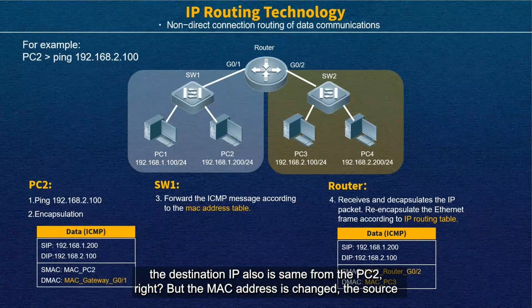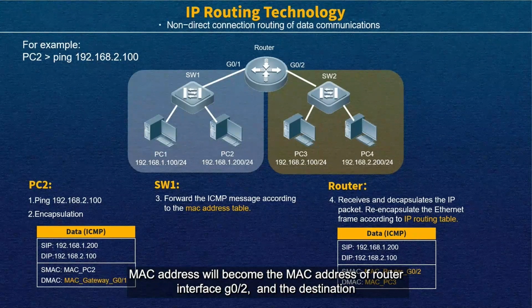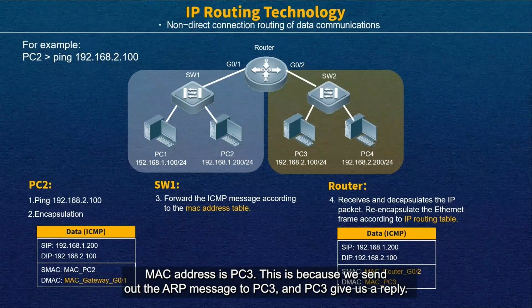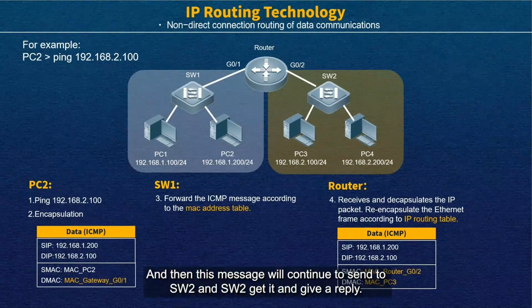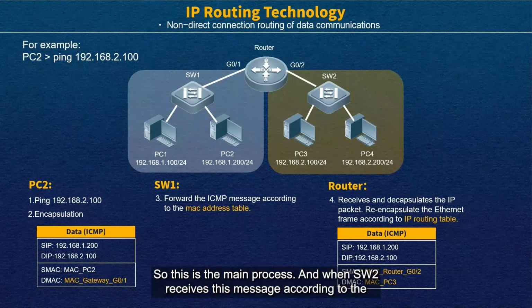The source MAC address becomes the MAC address of router interface Gigabit 0/2, and the destination MAC address is that of PC3, because we sent the ARP message to PC3 and PC3 gave us a reply. Then this message continues to be sent to Switch 2. So this is the main process.